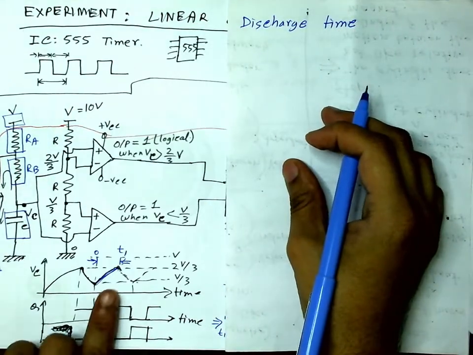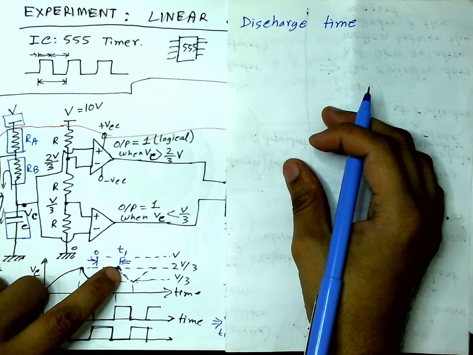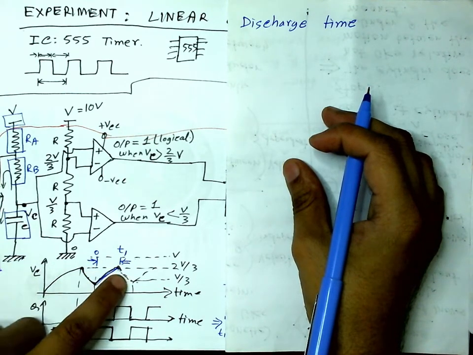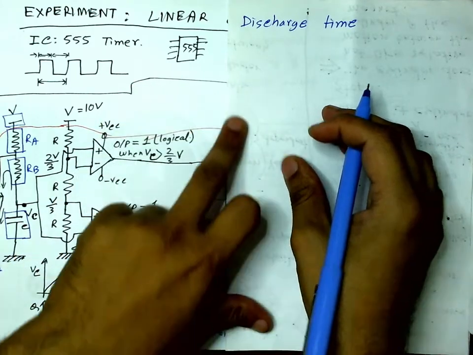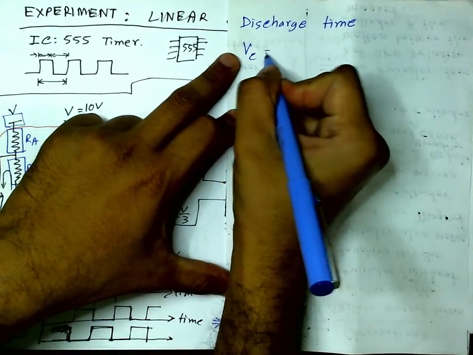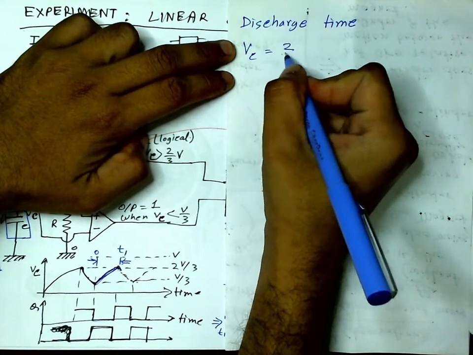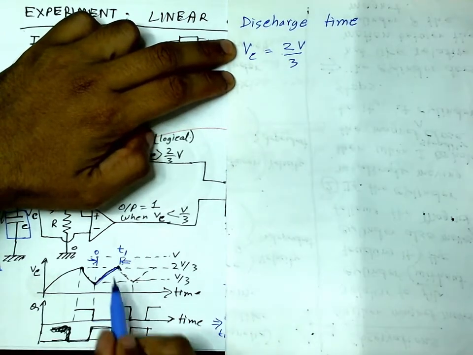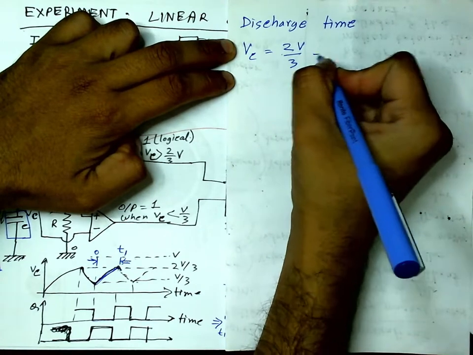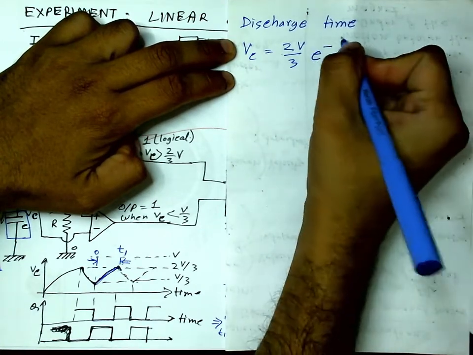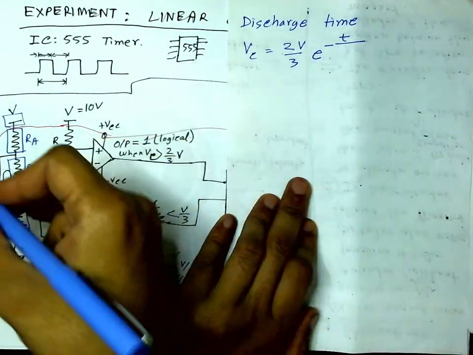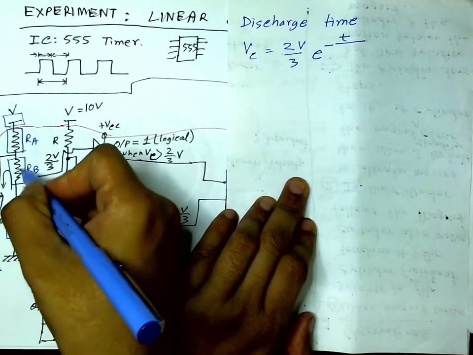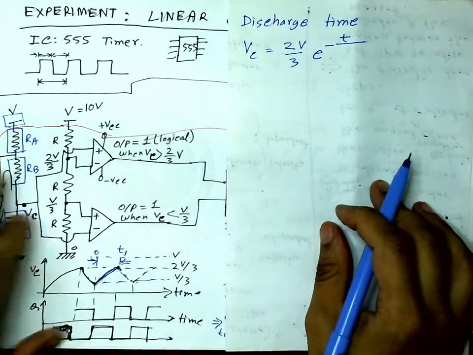Okay, so the capacitor is discharged from 2V by 3. It's trying to go to a value of 0. So Vc will start from 2V by 3 and decay exponentially, so it will be e to the power minus t by the time constant, and the time constant will be the resistance of the discharge path.